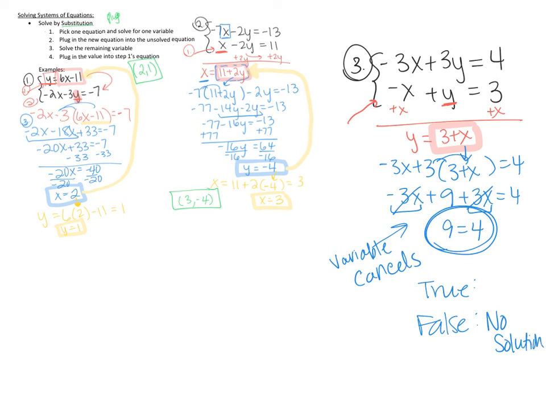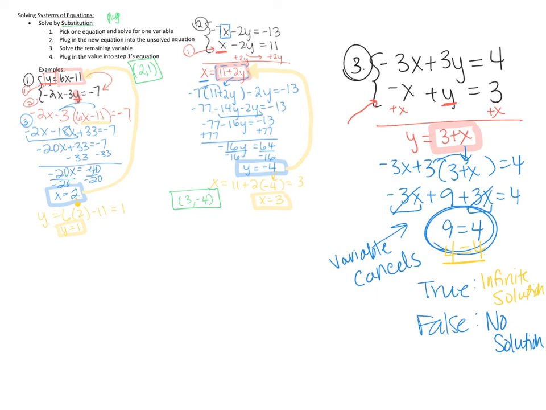No solution, which means I would have an inconsistent system. However, let's say that at this stage we had the number 4 equals 4. Let's just say that's what it was instead. Well, 4 equals 4, that's a true statement. So if that had happened, which it didn't, but let's say that it had, then we would have infinite solutions, which is that consistent dependent, all right?